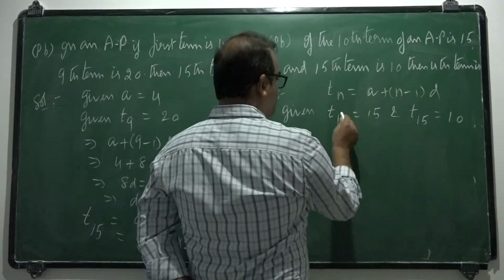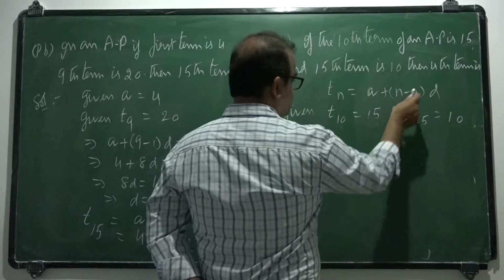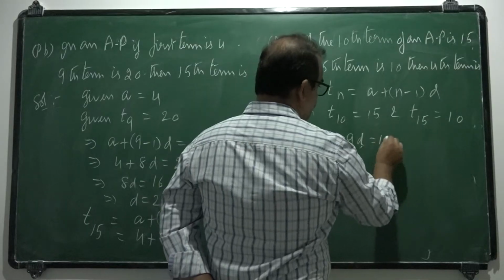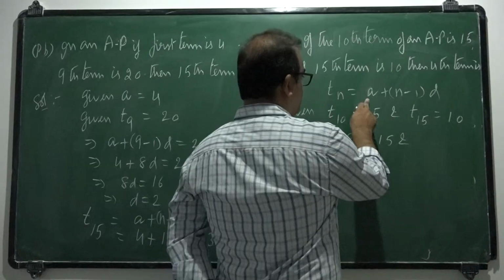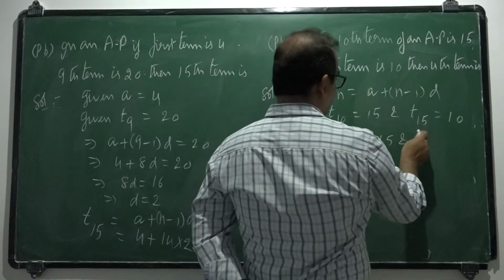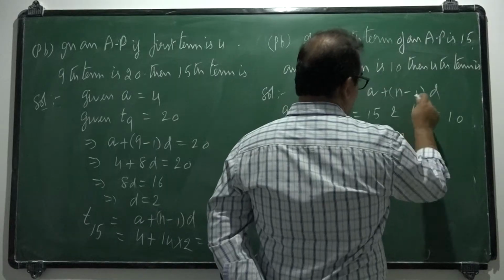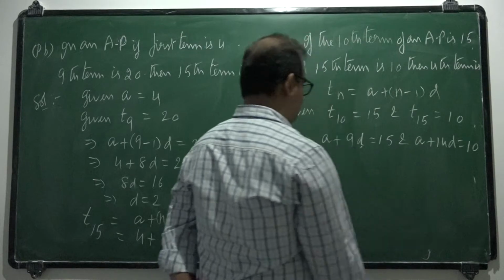From this formula, what is T10? A plus 10 minus 1, 9 into D, is equal to 15. From this same formula, you put n is equal to 15. Then T15 is A plus 15 minus 1, 14D, is equal to 10.